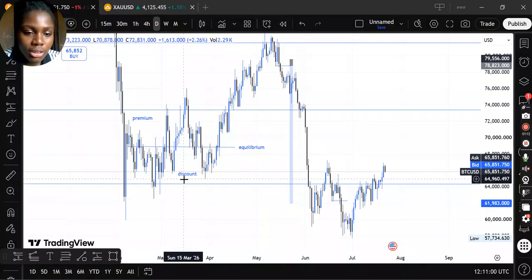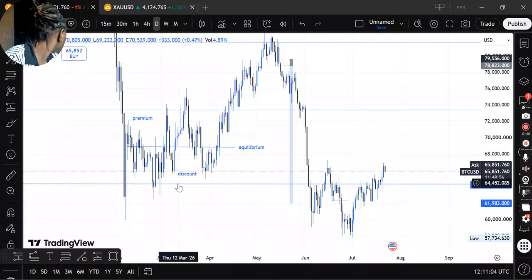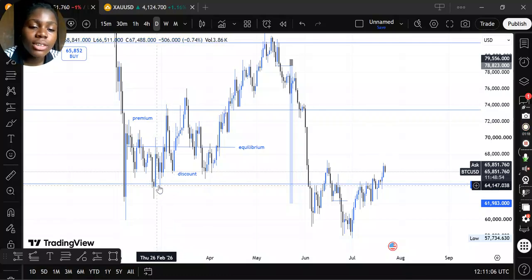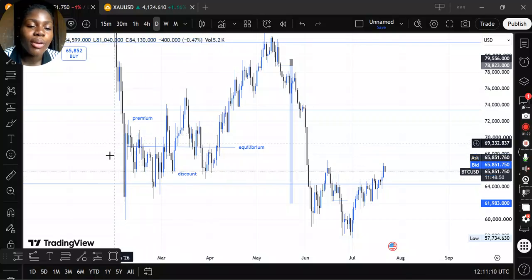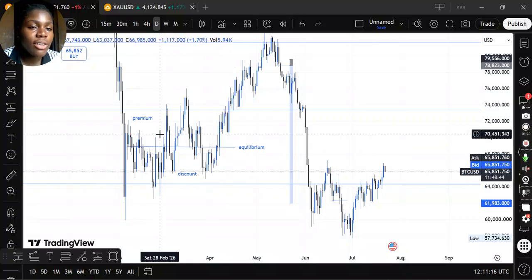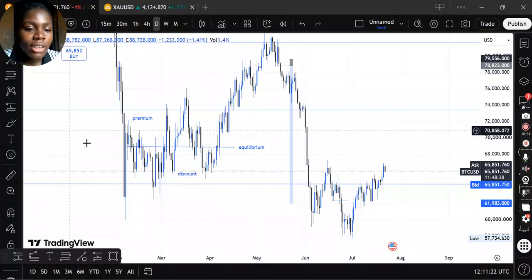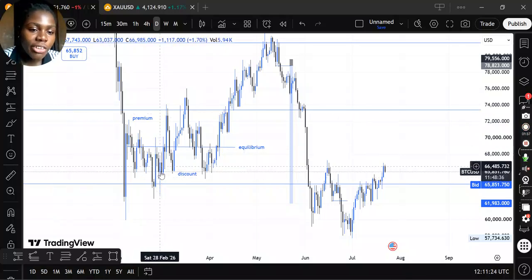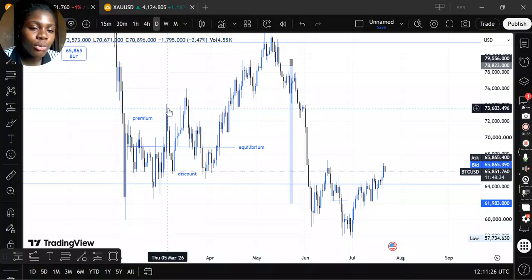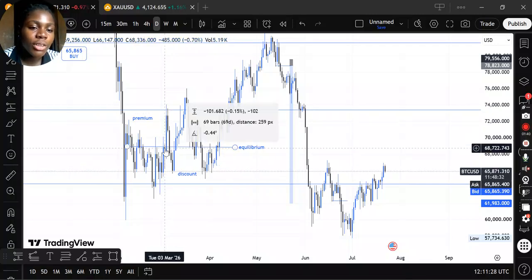So you know the discount is here, and you're only looking for buys beneath here, which, as you can see, there's a buy here, there's another little one. It's a daily time frame, so if you go lower, there's certainly solid buys and sells. Not so solid, but you know what I mean. Price goes up into the premium level.